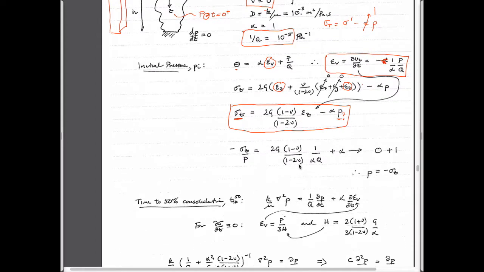And if we do that, we end up being able to calculate the magnitude of the fluid pressure that's generated as a function of the stress that we apply to the system and of material properties: shear modulus, Poisson ratio, and the alpha and Q values, which we both have.